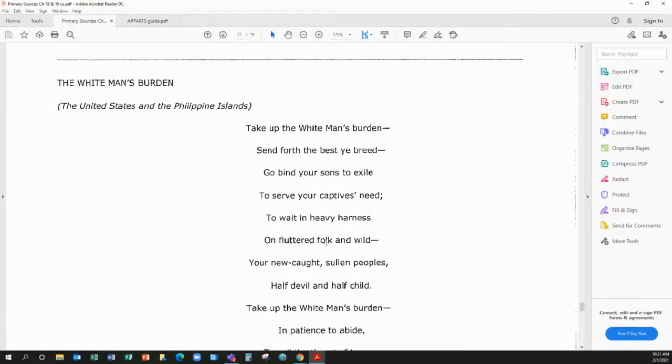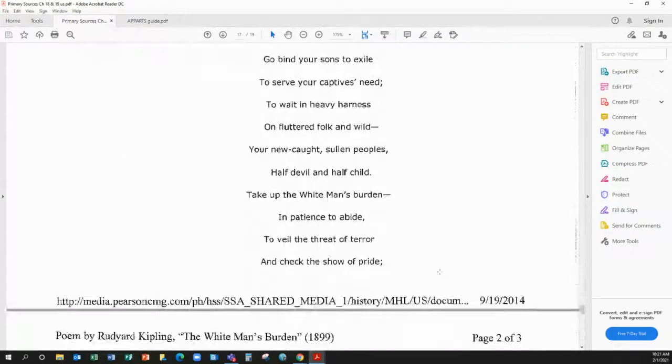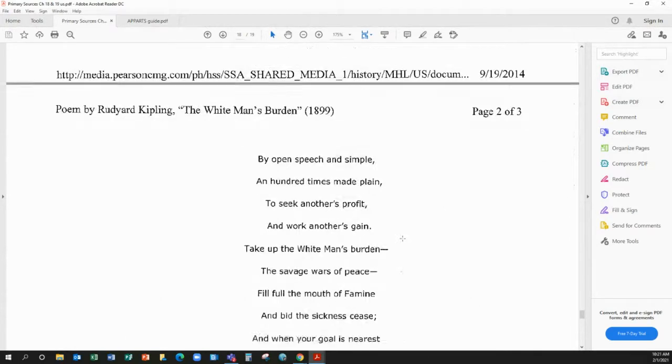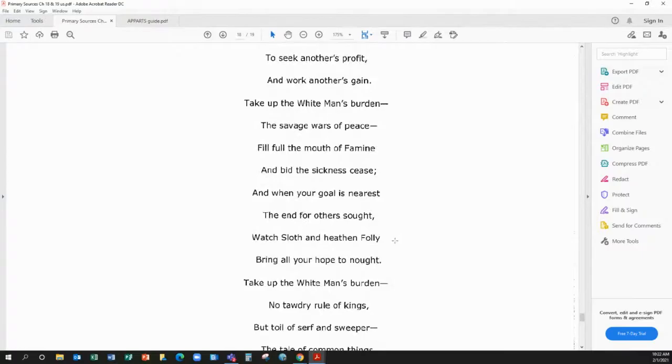as captives, fluttered, wild, half devil, half child, that you're going to seek another's profit, you're not going to gain anything, you're going to get rid of famine, you're going to help them with medicine, bring all your hope, but sloth and heathen folly, right? He calls them heathen.